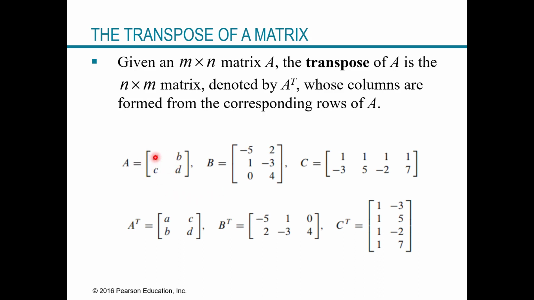So look at A here. You have row 1 is AB, row 2 is CD. In A transpose, what was row 1 became column 1. And what was row 2 became column 2. And so you have a new row 1, it's AC, and a new row 2, BD. And so you can look at each of these 3 examples to understand what the transpose is.